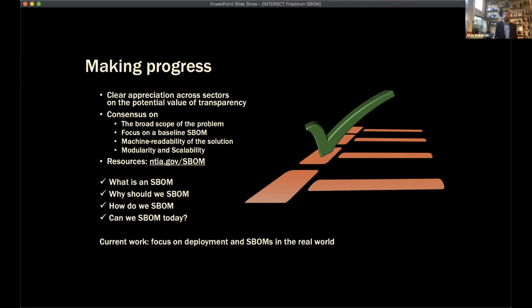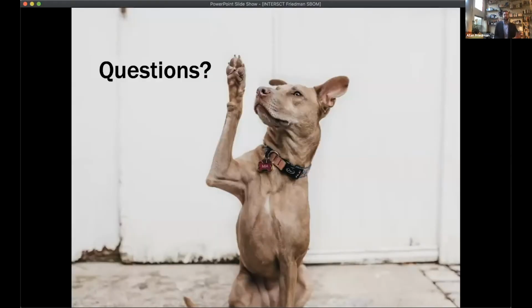For those of you who are in the government, I'm really proud of how short that URL is. That took a lot of work to get. There's been some great work over the course of 2019. The community established the what, the why, and the how. And now our current focus is on deployment and getting SBOMs into the real world. So I'm going to pause there and see if there are some questions, and otherwise we'll just plow right on.